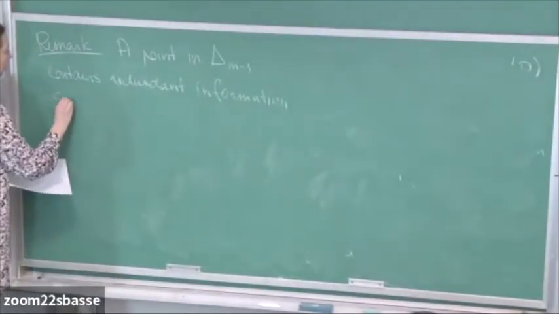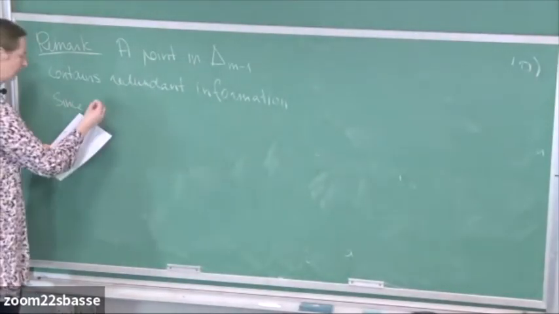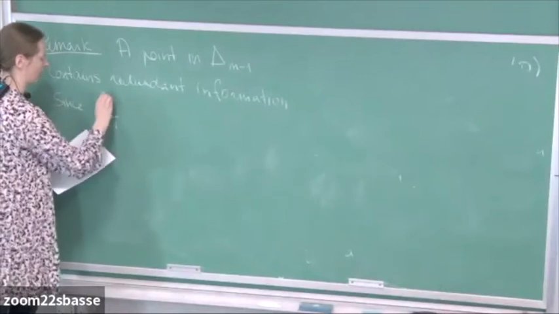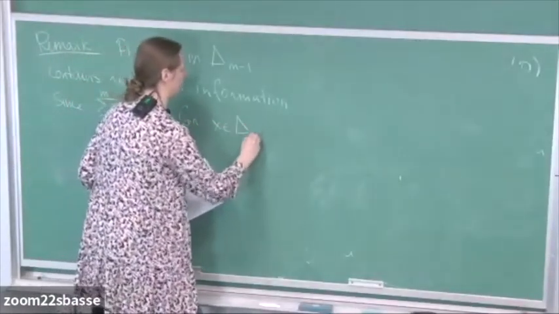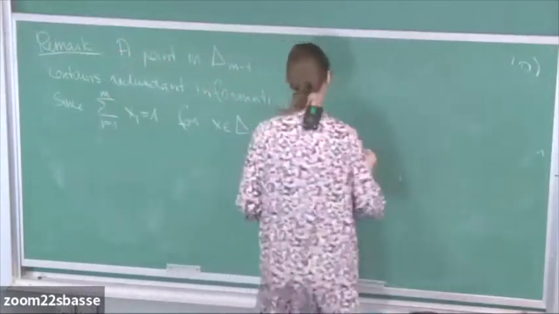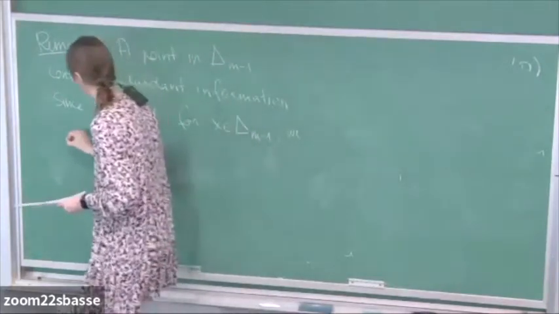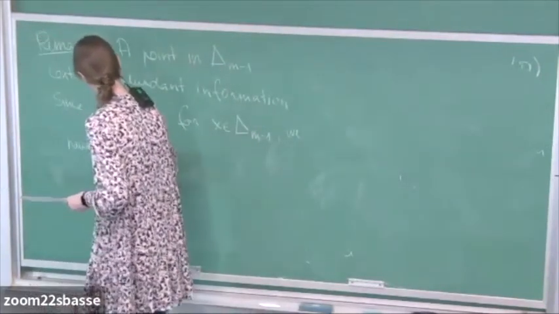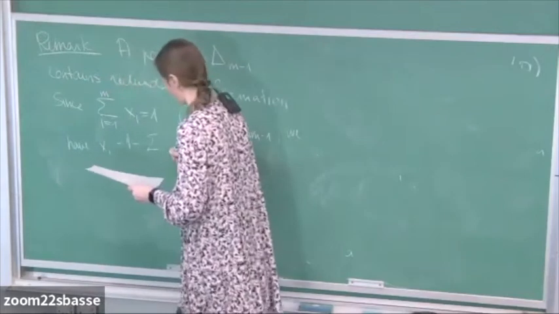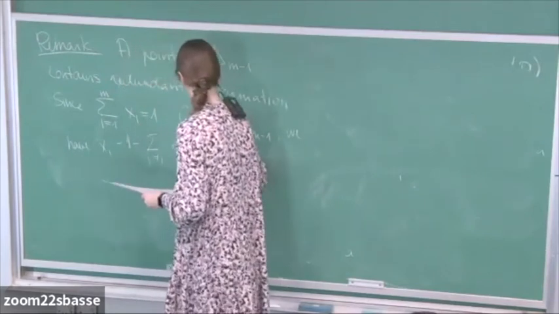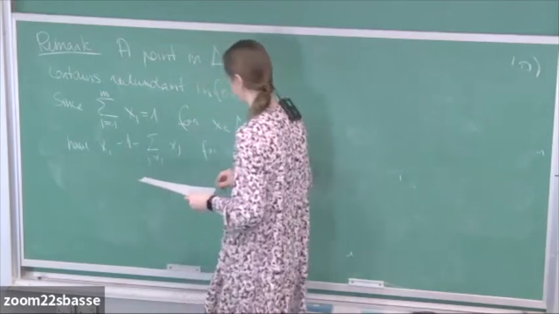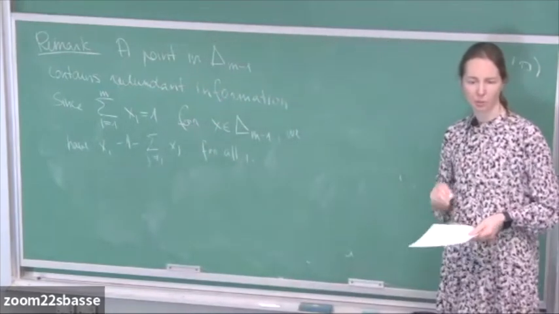Since the sum of xi's is equal to 1 for x in the unit simplex, we have that xi is equal to 1 minus the sum of all the other coordinates, so j not equal to i, for all i. So we could really leave out one of the coordinates and we have full information.